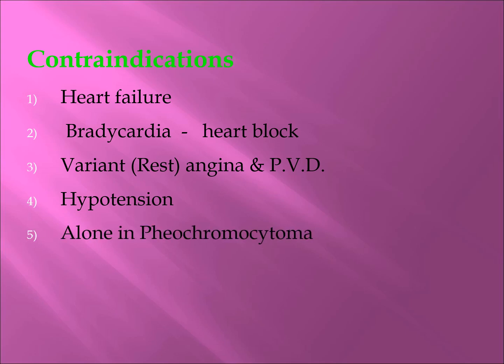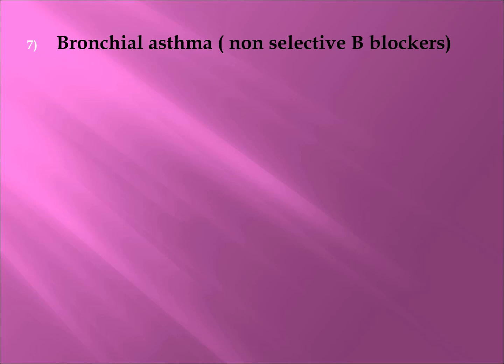They should not be used alone in pheochromocytoma. They are combined with an alpha blocker. Bronchial asthma, don't give non-selective beta blockers. Diabetes mellitus, and sudden stoppage. This may result in angina or infarction or arrhythmia.